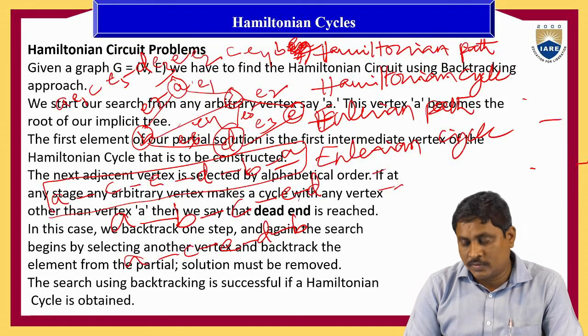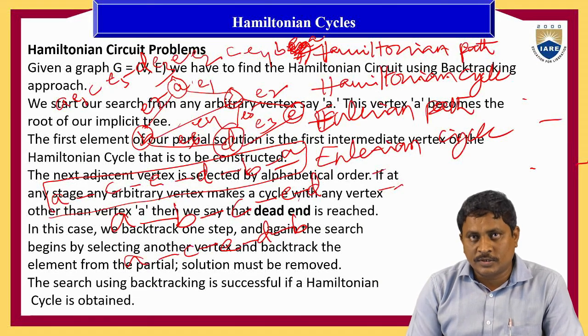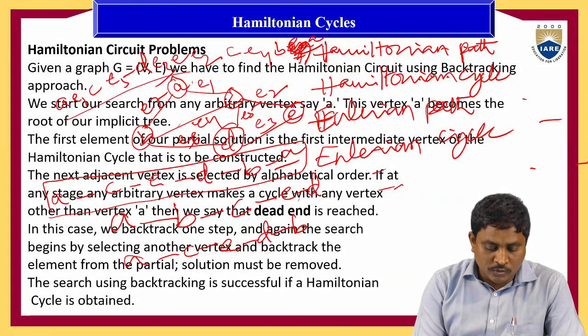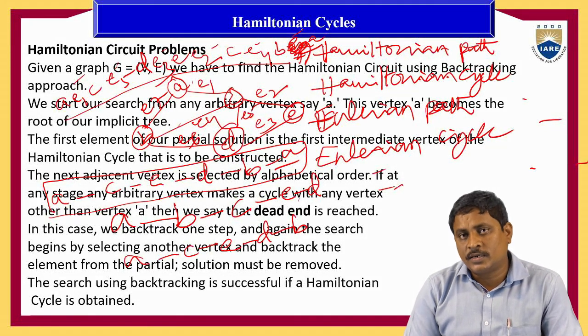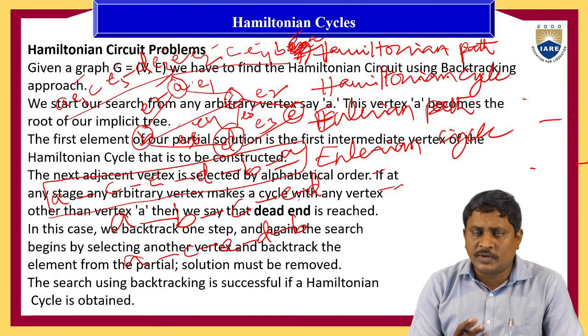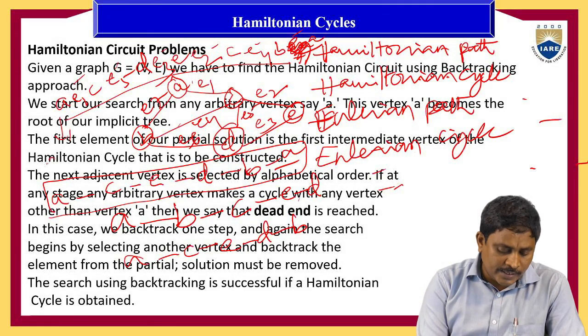In this tour, each and every edge is used only once. The repetition of a vertex may occur, no problem. So this one is called an Eulerian path.